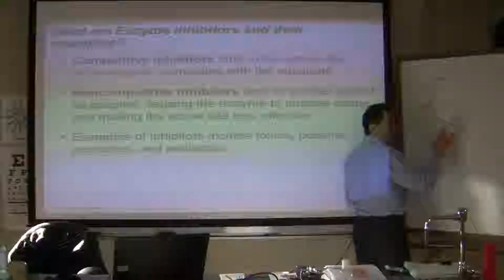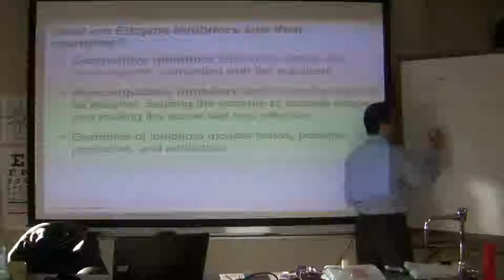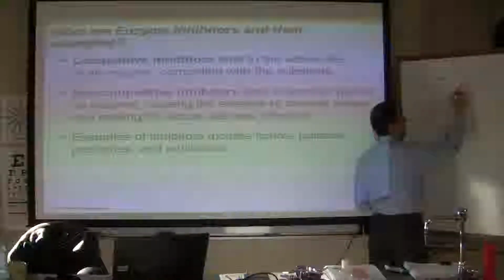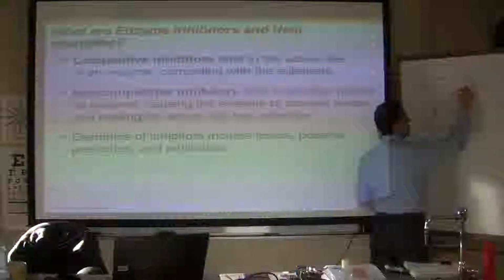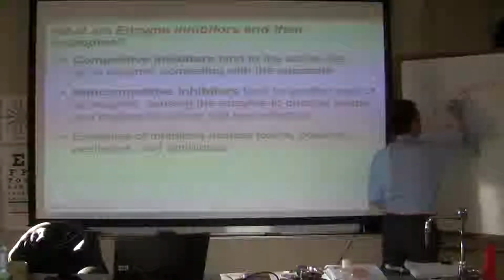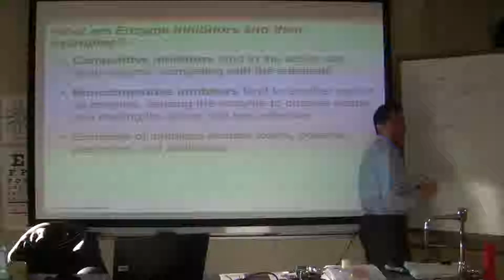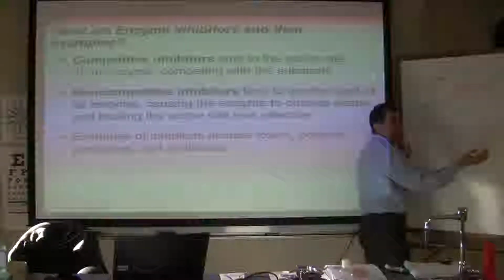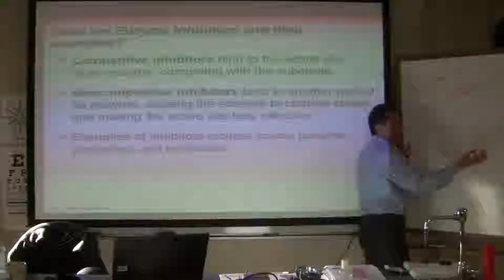Not sucrose. Let's say this is sucrase. This enzyme is sucrase. So not sucrose, something else. I'm making it up, like galactose. Galactose attaches here. Then this enzyme cannot work.